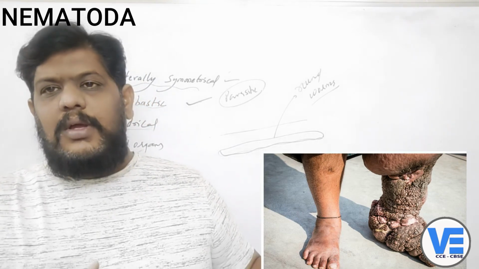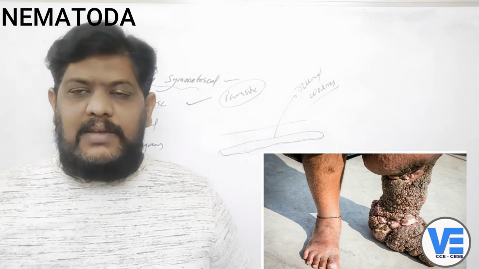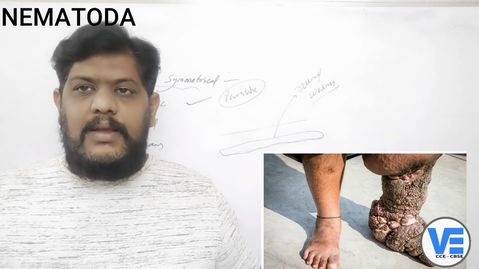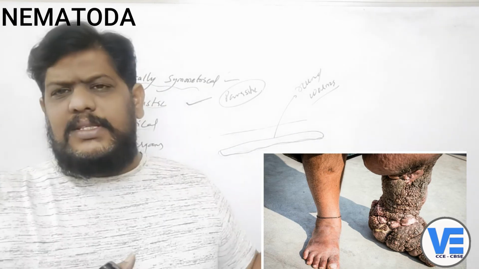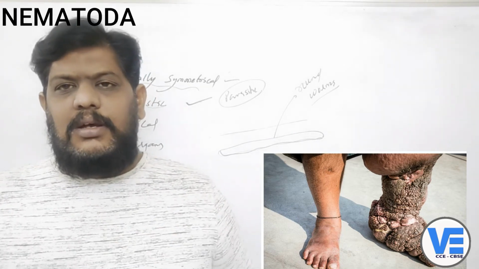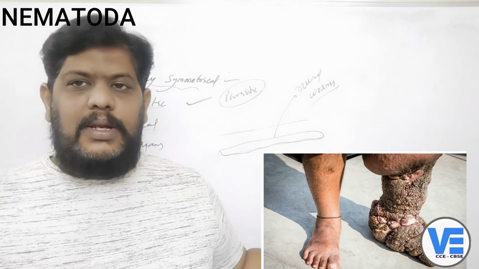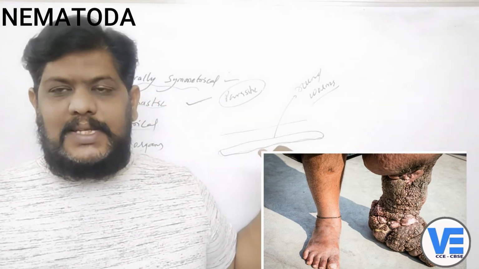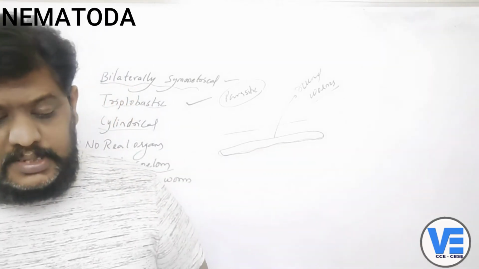That is how the legs will change their shapes, and sometimes even the hands will be affected. This is because of a mosquito bite. You can see the size of the legs which are completely abnormal, right? So elephantiasis is the best example of a parasitic disease caused by nematodes.